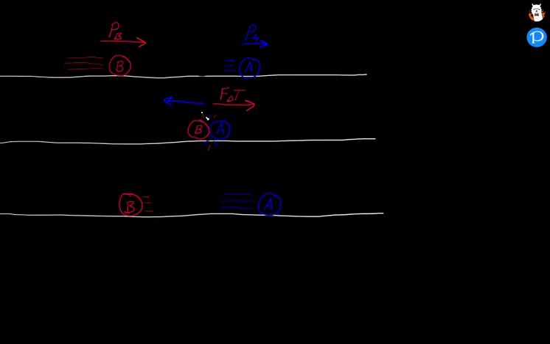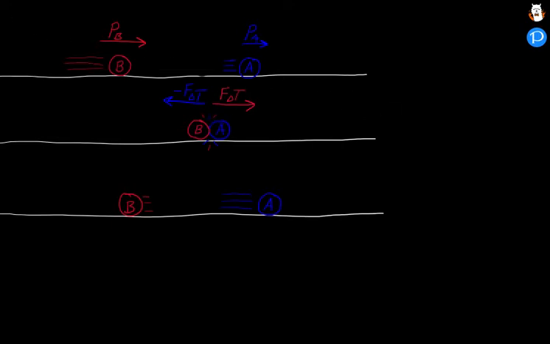So the impulse that B feels from A would be negative F delta T. The same magnitude, but different directions. Whatever impulse B is putting on A is going to be the same impulse that A is going to put back on B. And so both these objects are going to feel the same change in momentum.